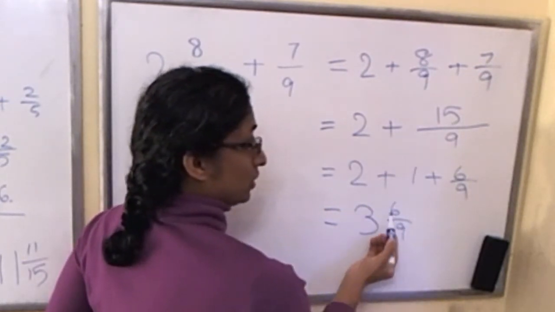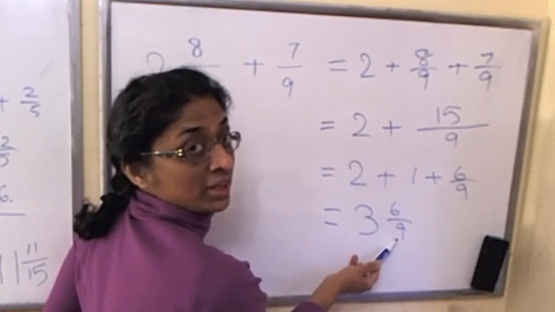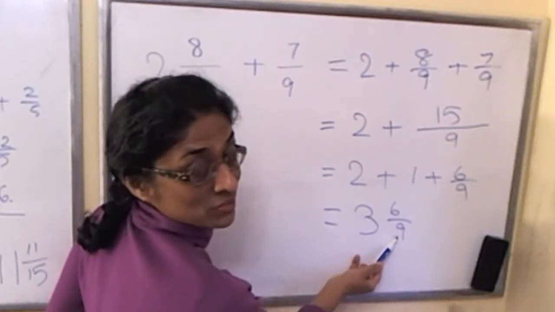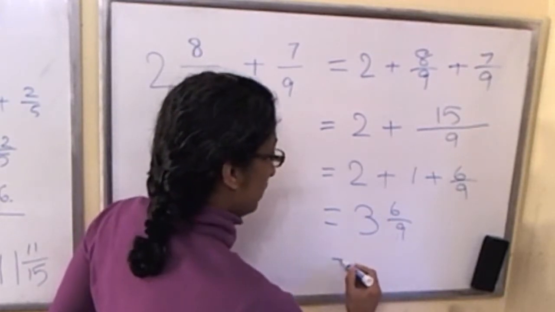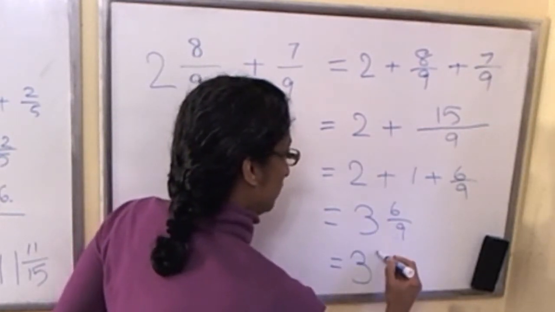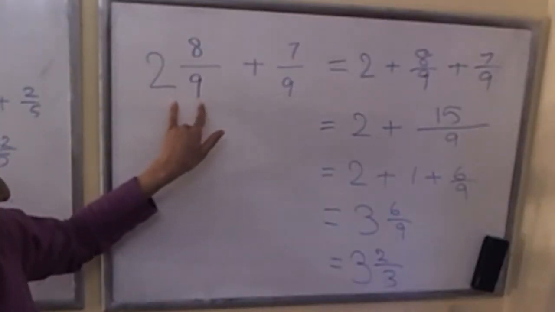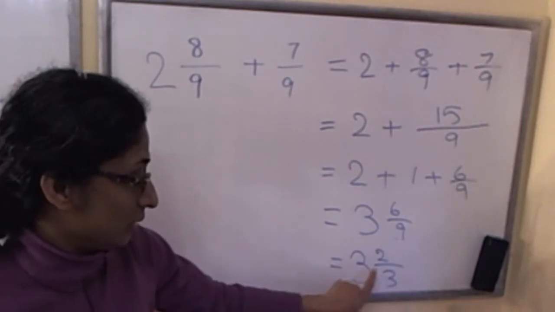And if you like, you might recognize 6 over 9 can be reduced. 3 is a factor of 6 and 9. So by the cancellation law of fractions, we can simplify 6 over 9 to get 3 and 2/3. So the conclusion is 2 and 8/9 added to 7/9 give us the mixed number 3 and 2/3.